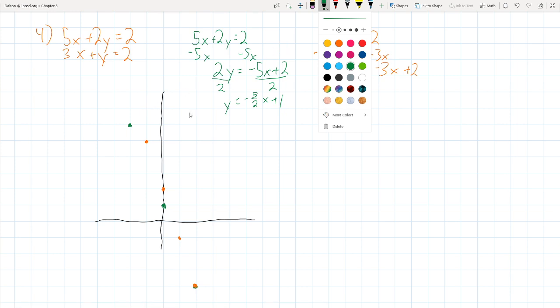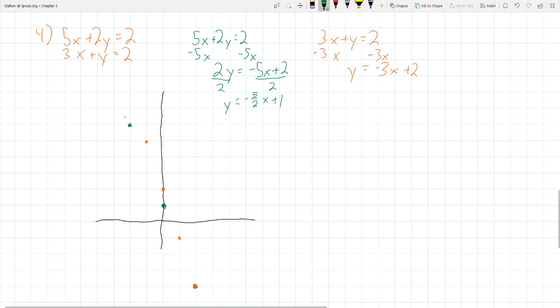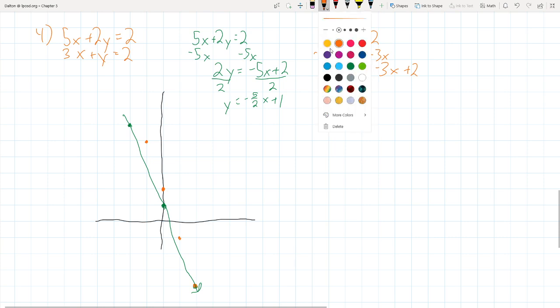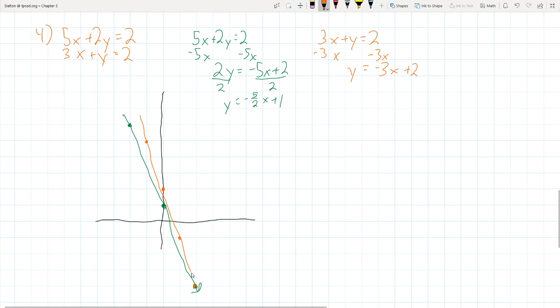So if I draw a line, it's not going to be a good line. They're going to hit there. Then if I draw the other one, they cross right here at negative 4, 2. Comma, negative 4. X is first.